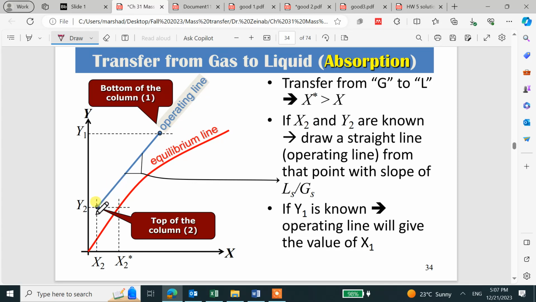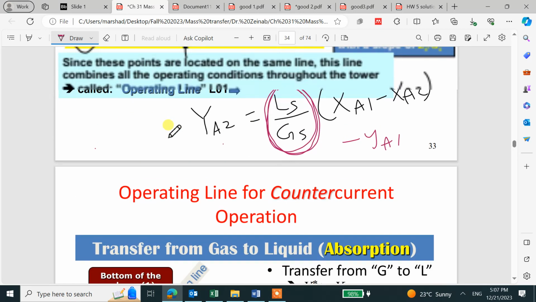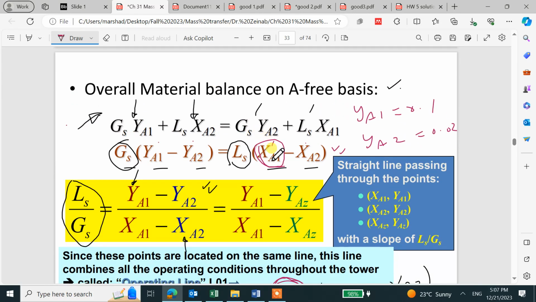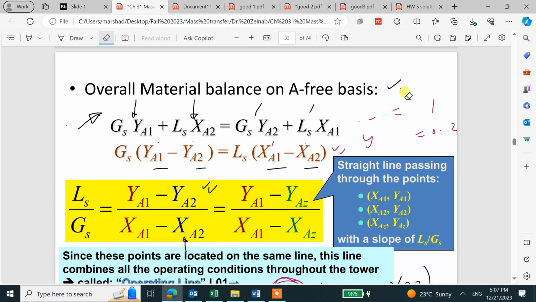X1, Y1. Y2 is less. So X1, Y1. We know Y1. We can find X1 using this, as I told you. X1 from here.